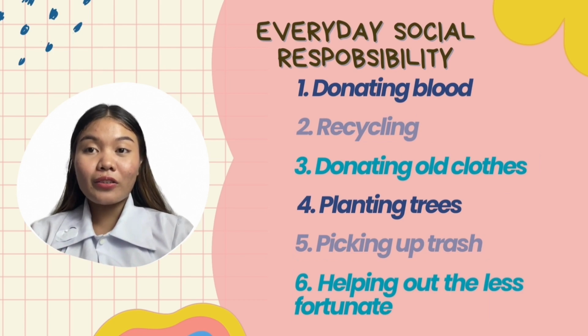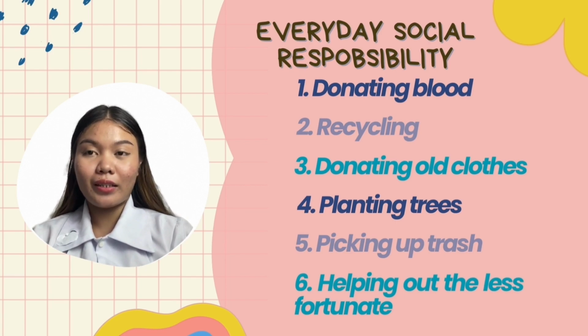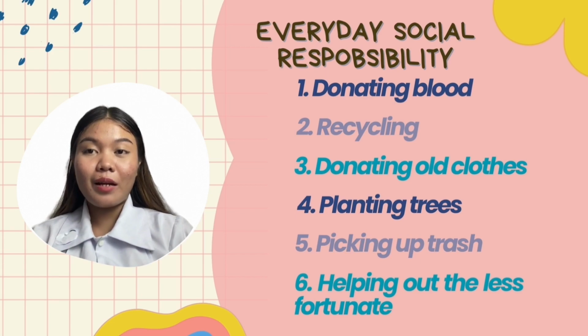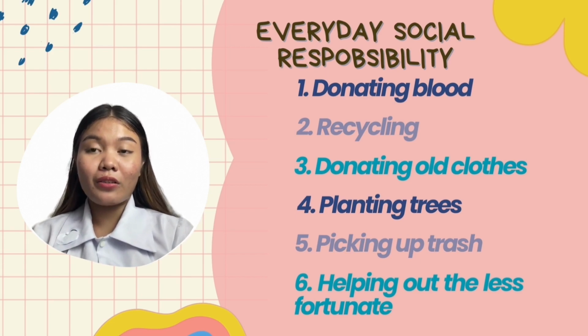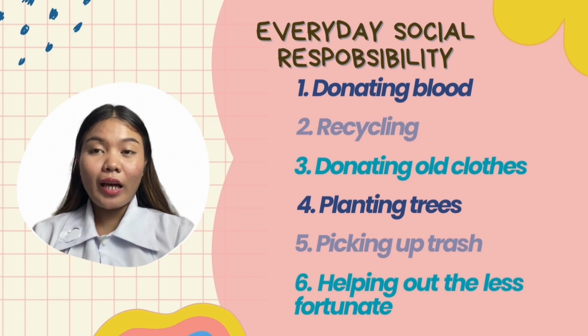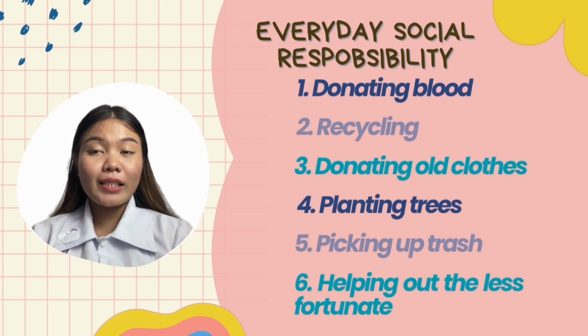For us to better understand what social responsibility is, I've added some everyday social responsibility examples. First, donating blood. For example, Rosemary has been donating her blood since she has a rare type A blood. Next, recycling.